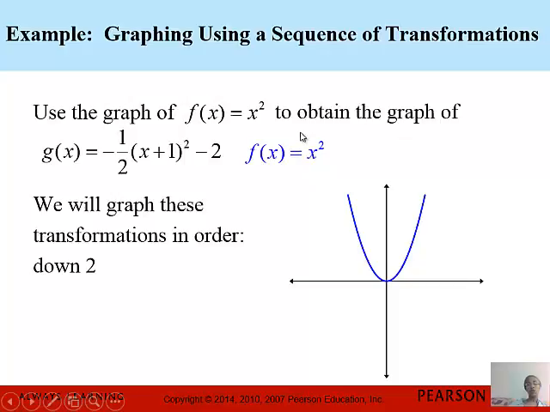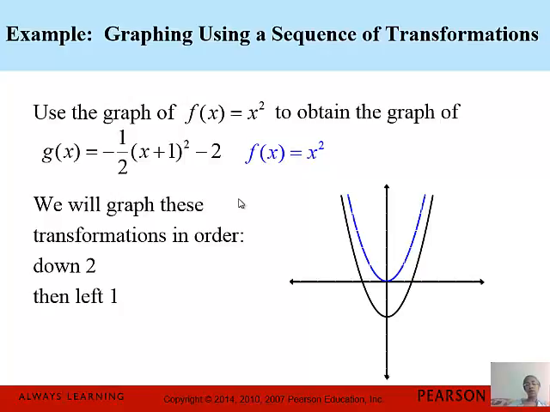So first of all, we see that this negative 2 is a vertical transformation of a movement of 2 units downward. So the shape of the graph has not changed at this point. We've only vertically translated 2 units downward.